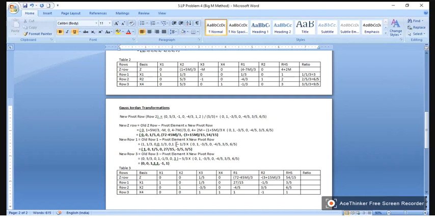I will give the clarification. You will be deriving table 3 from table 2. You follow the usual procedure.